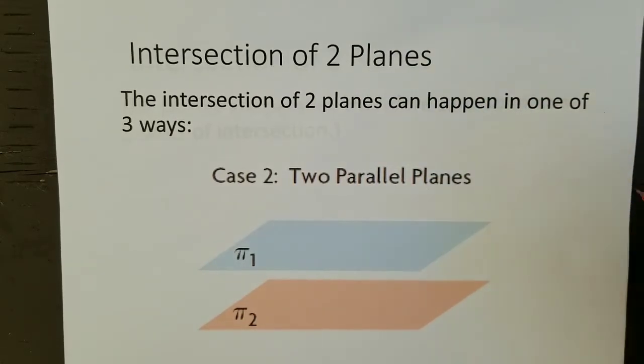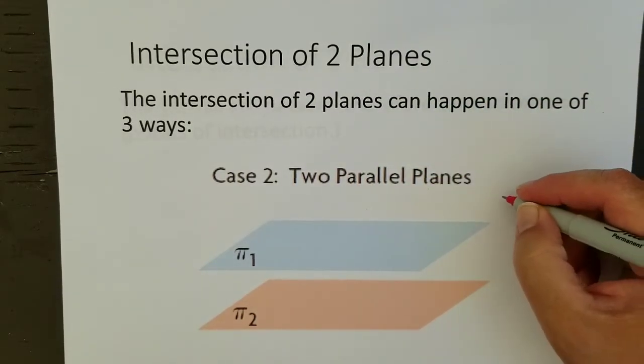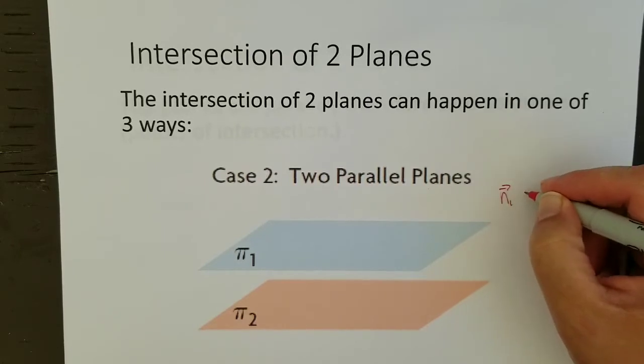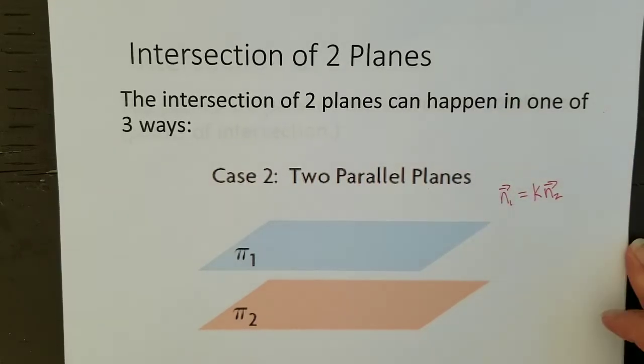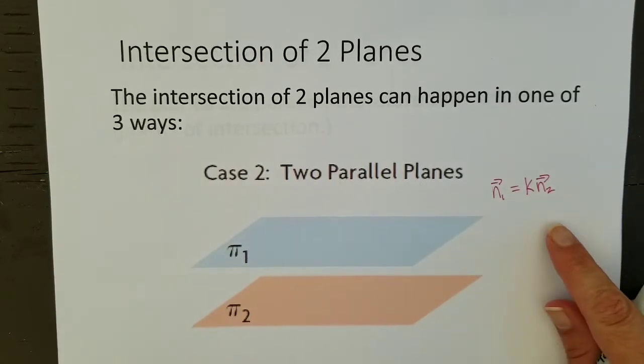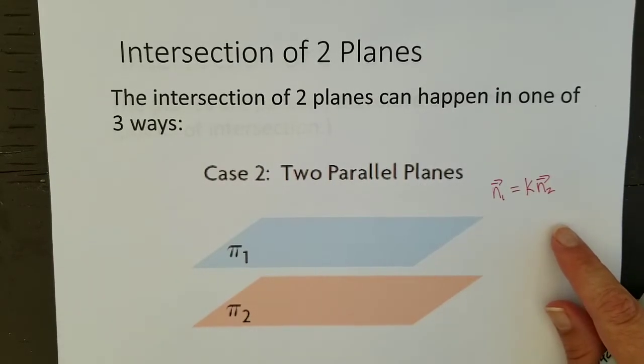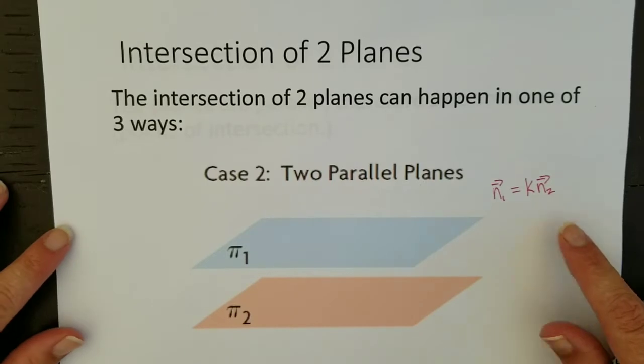So here the normals will be scalar multiples of each other, but the equations of the planes, when they're put in standard form, will be different.